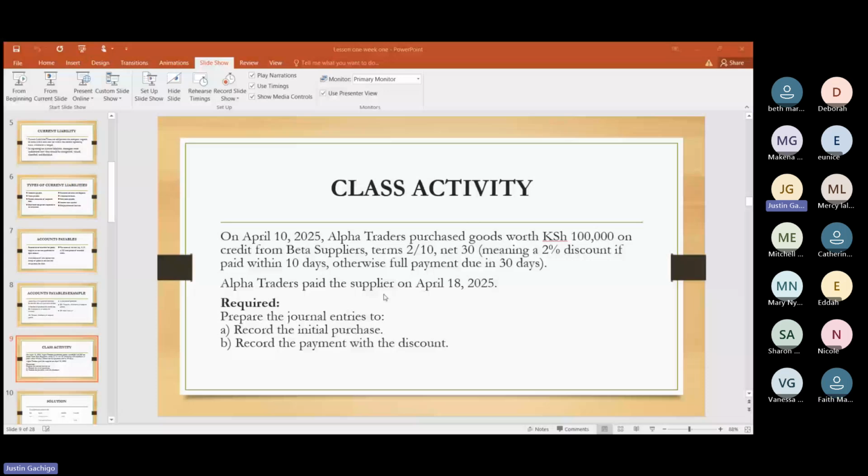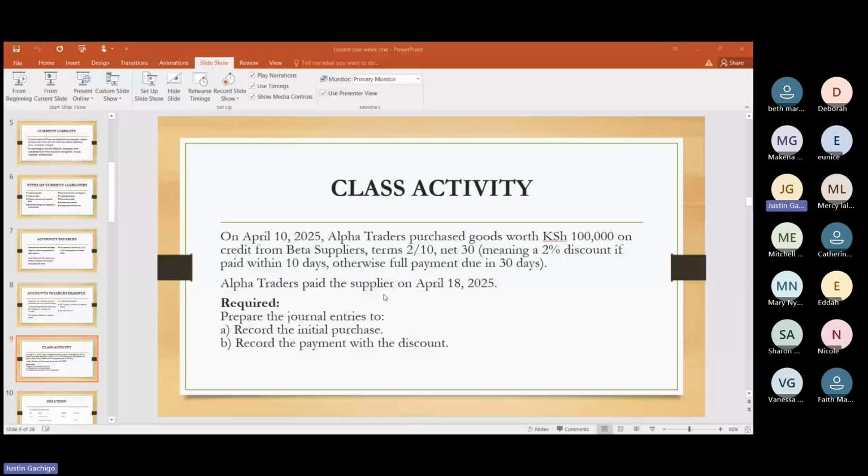So that means in the second entry, when we record the payment, we are going to debit Better Suppliers, because we have said increase in liability we credit and decrease we debit.